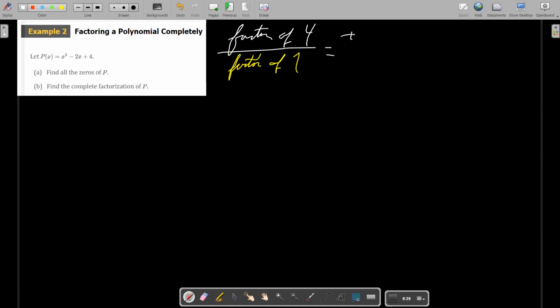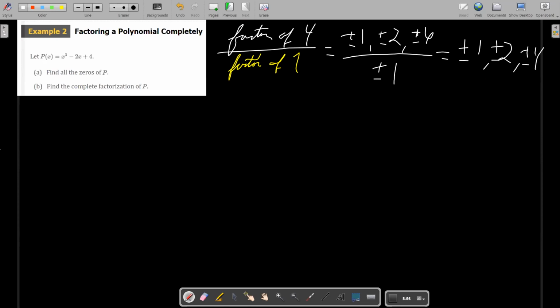And that would be plus or minus 1, plus or minus 2, plus or minus 4, and then all over plus or minus 1. Well, that's easy. It's just going to basically boil down to plus or minus 1, plus or minus 2, plus or minus 4.